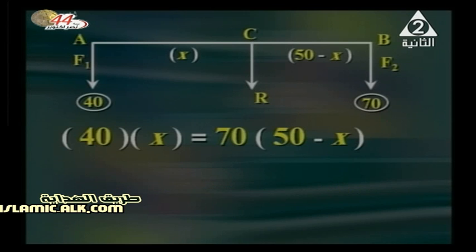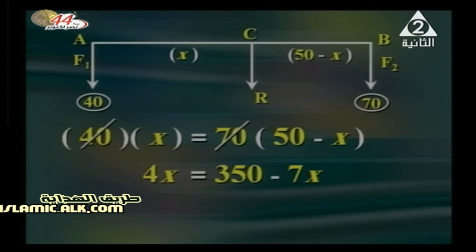Moment of 40 times x equals what? Or 40 times x minus 70 times (50 minus x) equals 0. We obtain the equation. Left hand side 40 times x, right hand side 70 times bracket 50 minus x, divided by 10, then 4x equals 350 minus 7x.